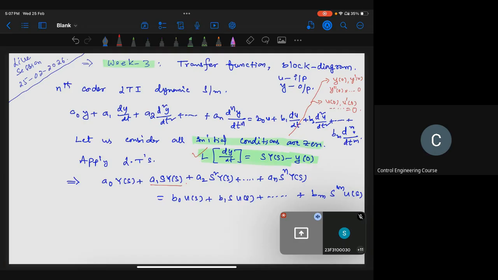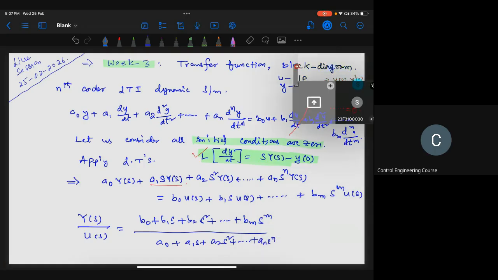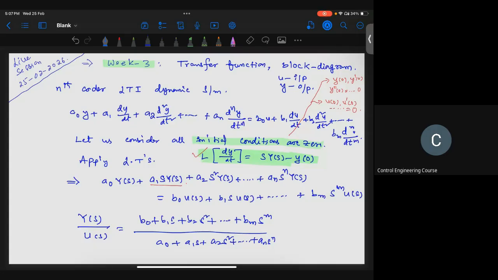Now if you take this function, you will get Y(s)/U(s). It looks like b0 plus b1 s plus b2 s² plus etc., the last one being bm sᵐ, divided by a0 plus a1 s plus a2 s² plus etc. plus an sⁿ, correct?